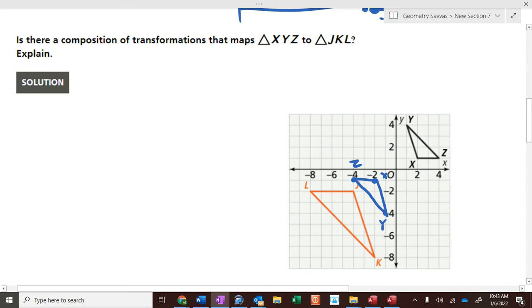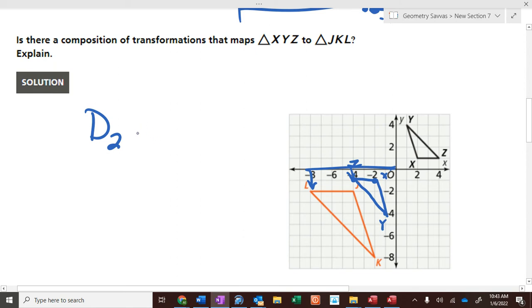How much further away from the origin is -4, -2 than -2, -1? Twice as far, right? You have to multiply by 2. So you're going to dilate it by 2, because if we go back 4 down 1 that's the same as going back 8 down 2 if you dilate it by 2. Okay, so we're going to dilate everything by 2.